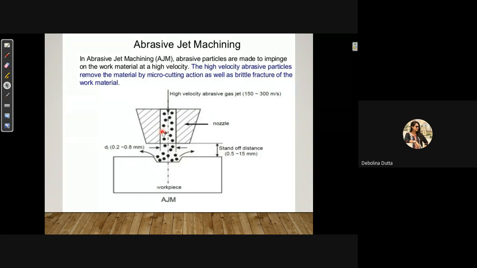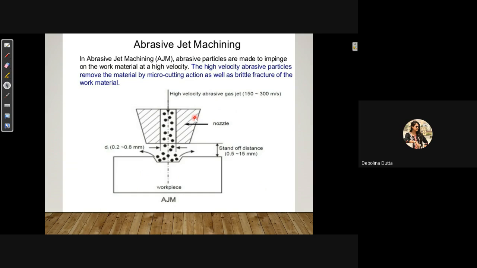Okay, so this particular process removes the material by impact erosion through the action of a concentrated high velocity stream of grit abrasive.